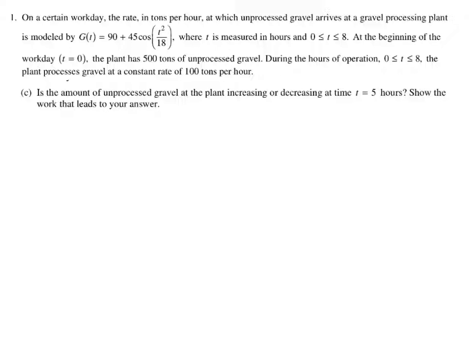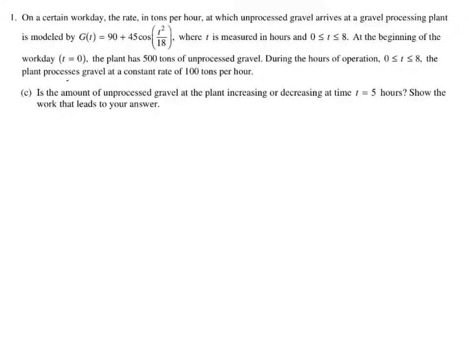If the rate at which gravel is arriving is 200 tons per hour at a specific time, and we are processing it, in other words, we're getting rid of it at a rate of 100 tons per hour, then our rate in is greater than our rate out, which would imply the amount coming in is greater than the amount going out, which means the amount is increasing.